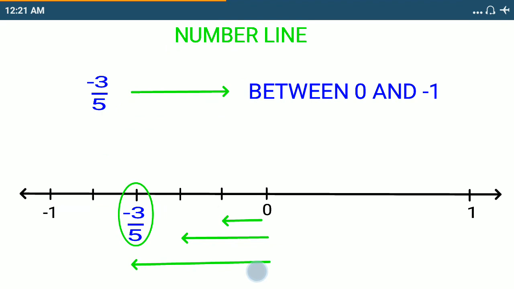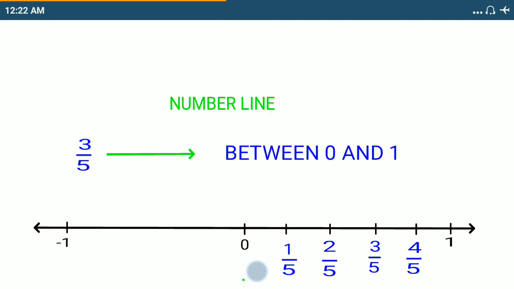We have plotted the points, but students, let me ask you a question. You have plotted the numbers 3 by 5 and minus 3 by 5, but do you know which numbers are plotted on these points? Here is your answer. Since this is one part, we mark 1 by 5.